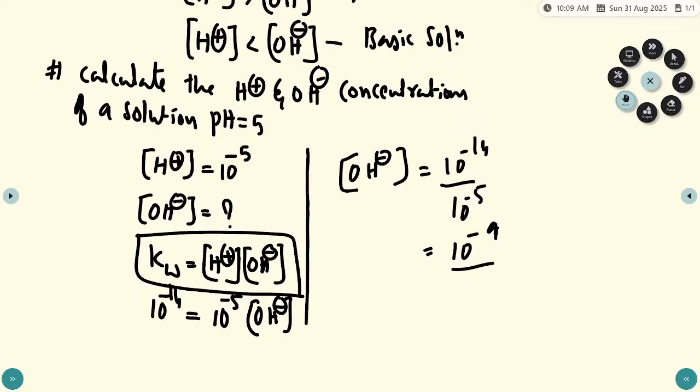You are adding base solution so the pH value increases. For a base solution, if you add acid solution, the pH value decreases. And for an acidic solution, if you add water, what about the pH of the solution? Decreases or increases?